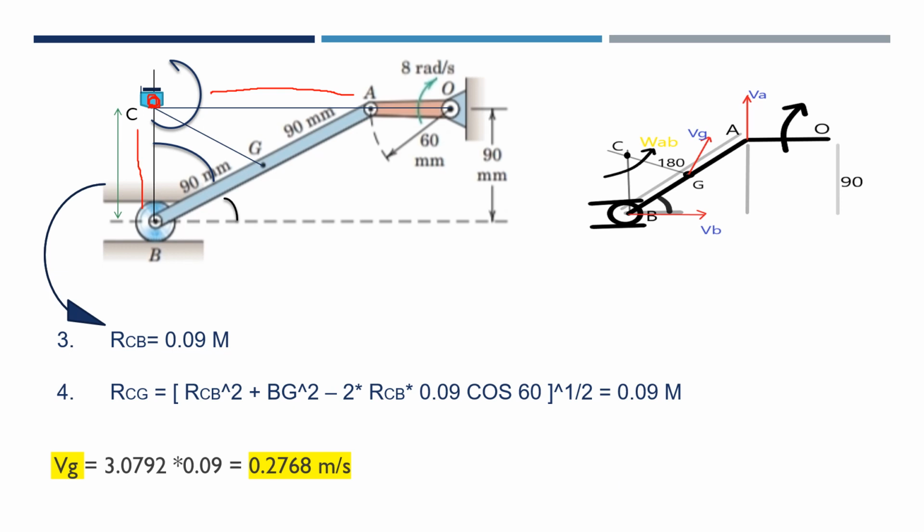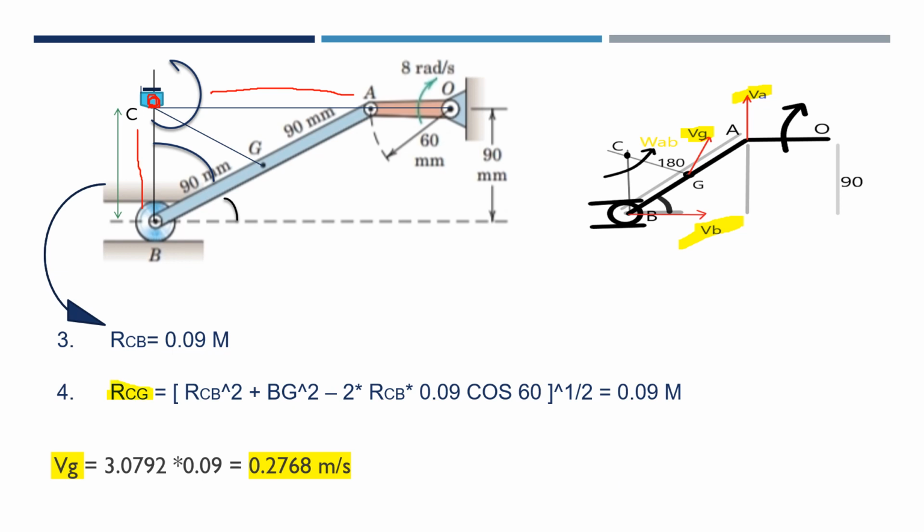With respect to the point C, we are calculating velocity at B, velocity at G, and velocity at A. We need to calculate the radius of CG. So how will we get the radius of CG?